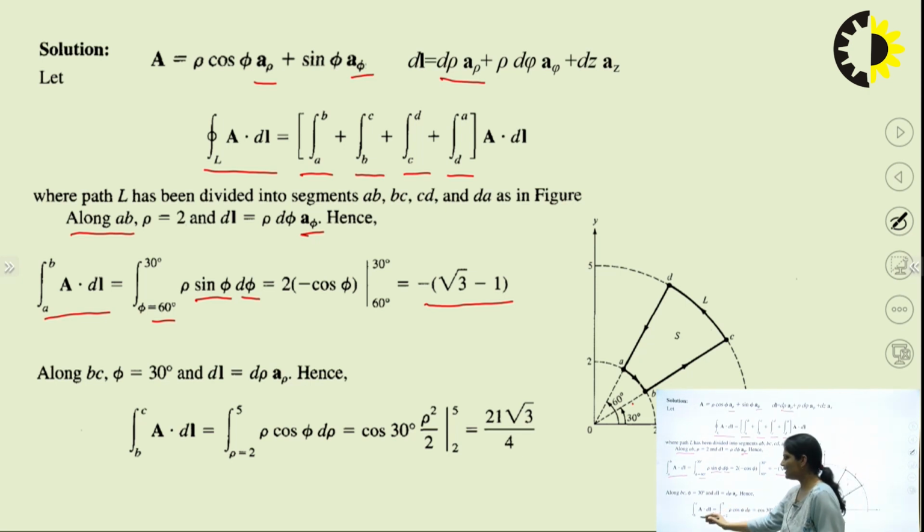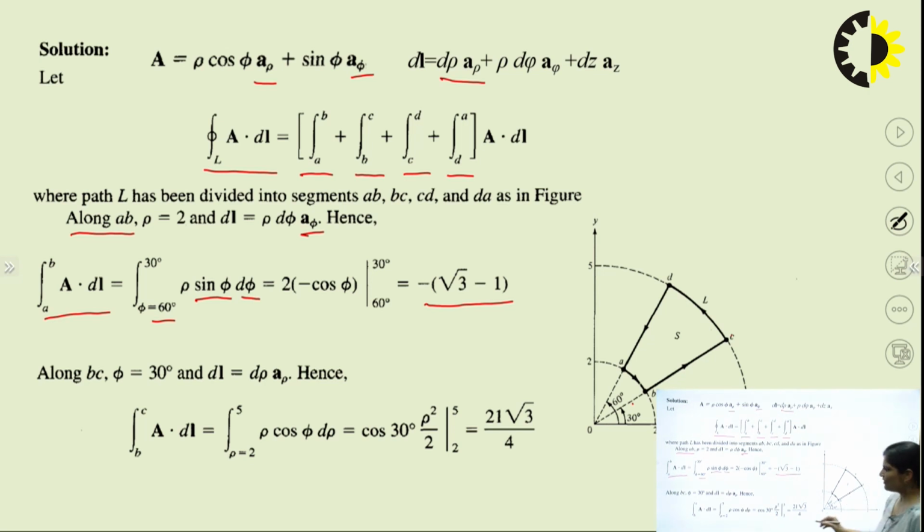Now hence write down in line integral for BC, A dot DL. Now for B to C, rho is 2 at this point, rho is 5 at this point. So your rho varies from 2 to 5 when you are considering the line B to C.